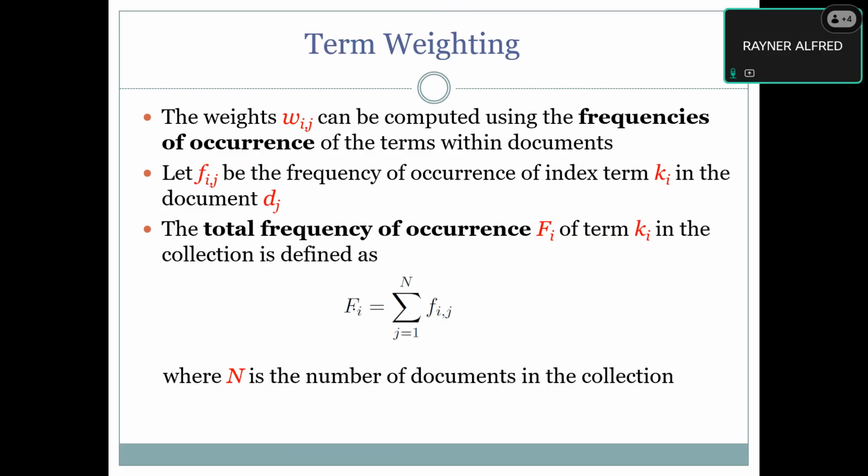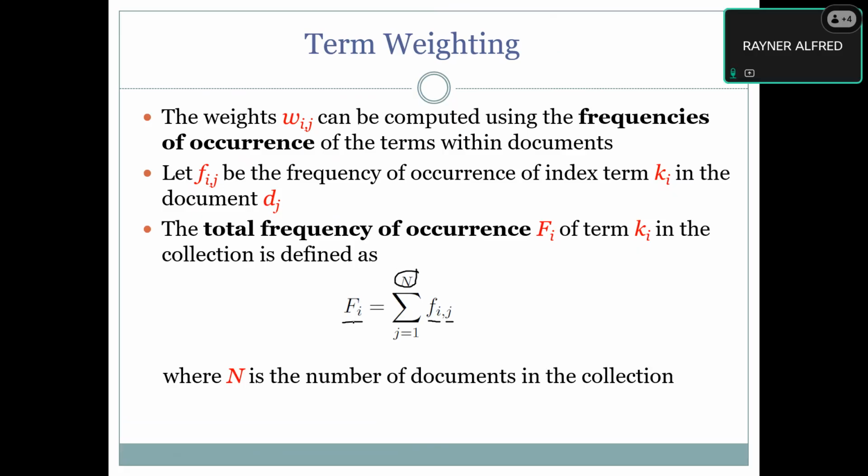So over here, this one is basically looking at the total occurrence of keyword i in all the documents. This one refers to the number of documents in the collection.